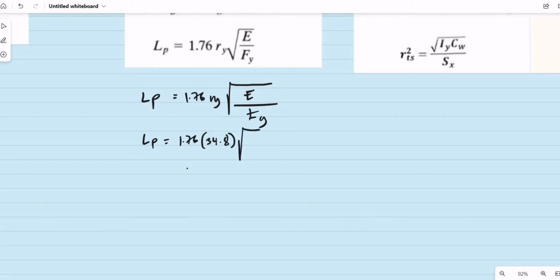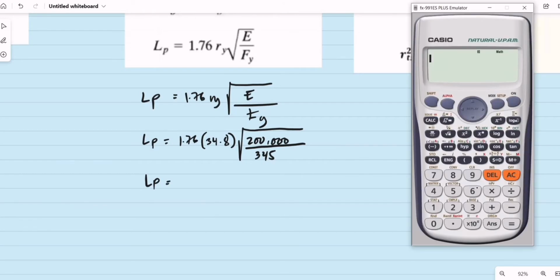Then multiplied by the square root of, for steel, again, this is 200,000 megapascals. Then the Fy of the section, that is 345 megapascal steel. So for the value of the L sub P, this is 1.76 multiplied by 34.8, to be multiplied by the square root of 200,000 megapascals divided by 345.